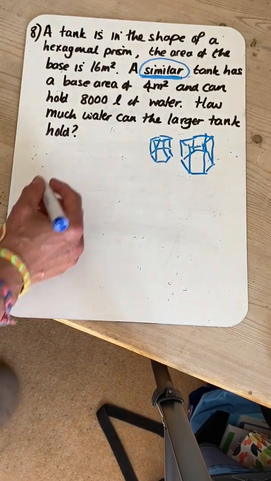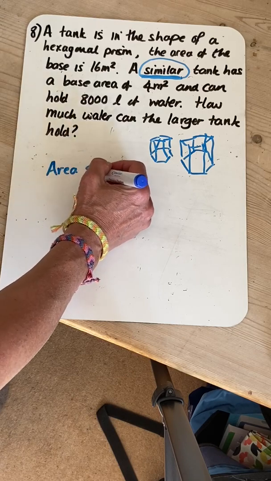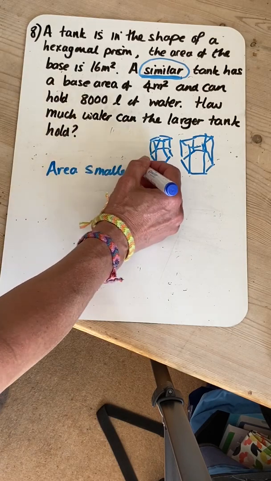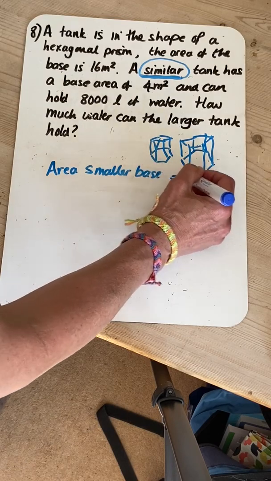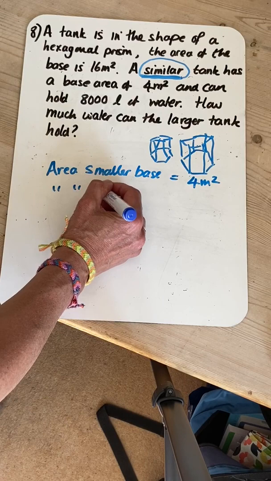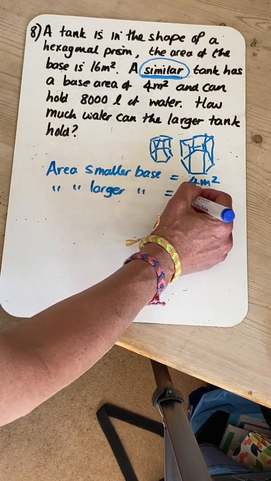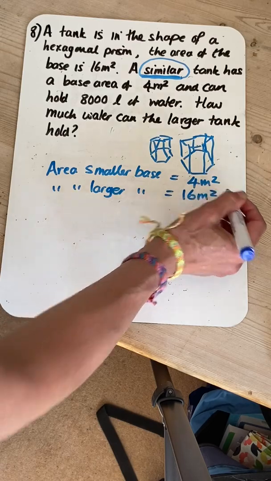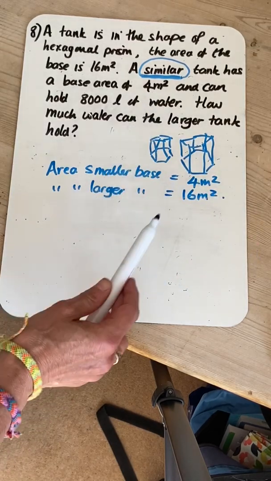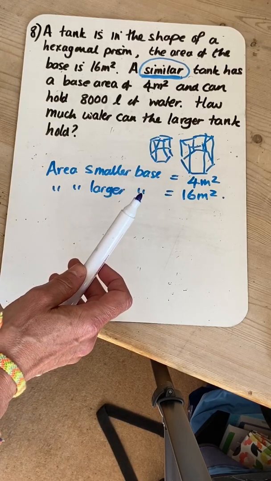What you do need to think about are the areas. So area of the smaller one, or the smaller base, is 4, and the area of the larger base is 16 meters squared. Now, remember our rules about similar shapes when they're in 3 dimensions.